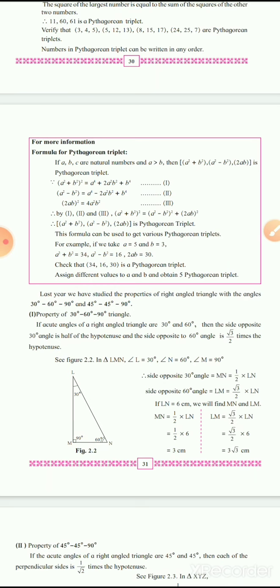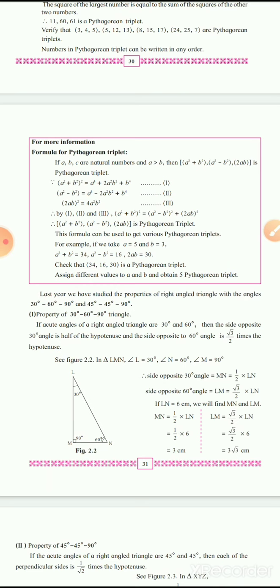If acute angles of a right angled triangle are 30 degree and 60 degree, then the side opposite the 30 degree angle is half of the hypotenuse, and the side opposite to the 60 degree angle is root 3 upon 2 times the hypotenuse.